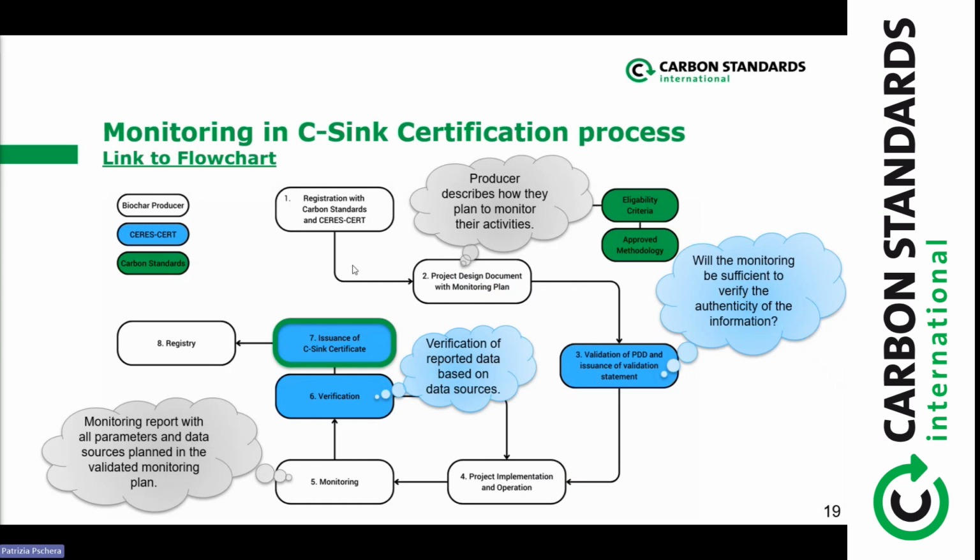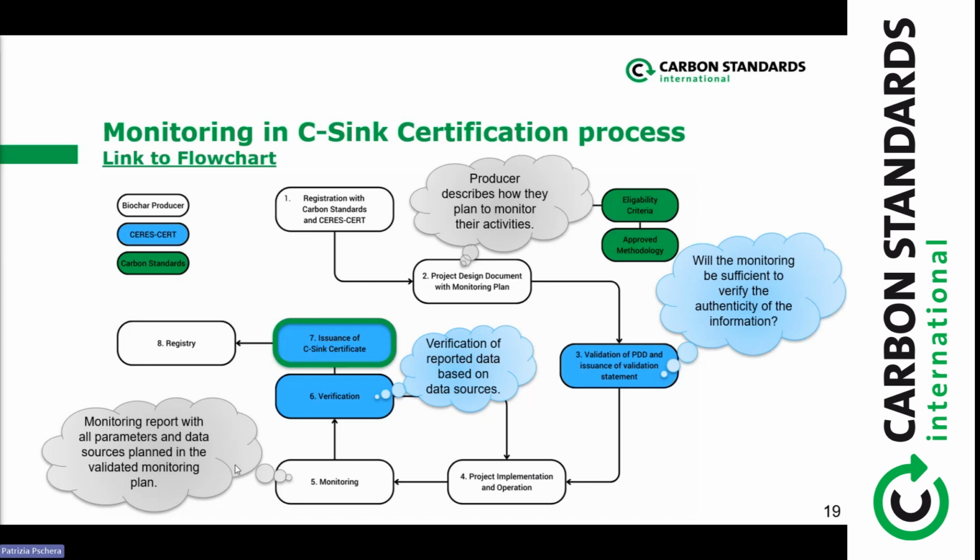So in the end, if we remember this graph, the project design document with its monitoring plan is the part where the producer describes how they plan to monitor their activities. The validation step is the step when Cerescert decides whether the monitoring will be sufficient to verify the authenticity of the information.